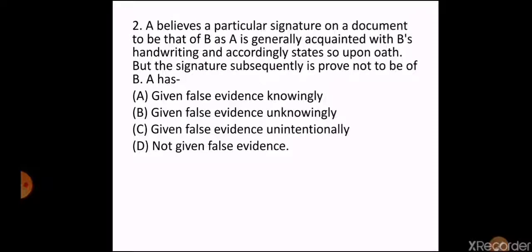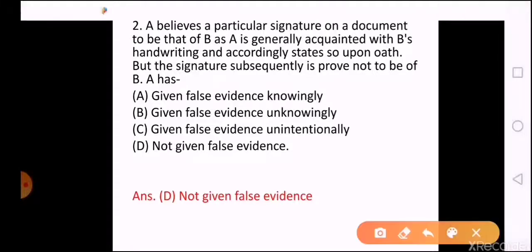So, the correct answer is option number D, that is not given false evidence, because it is under illustration C of section 191. So, you have to read illustration C of section 191 of the IPC.